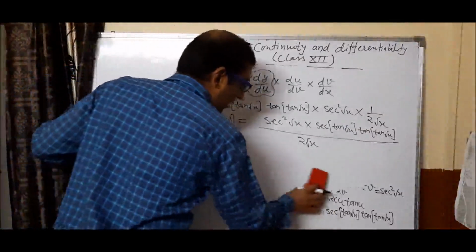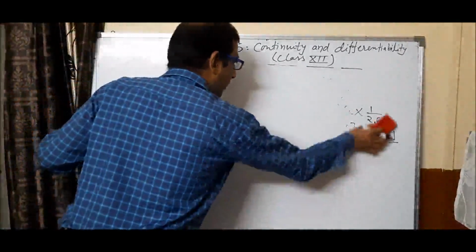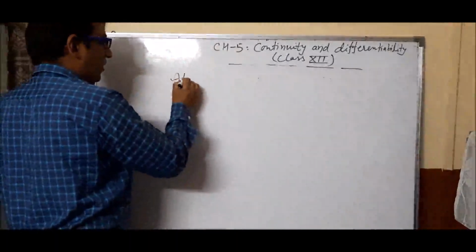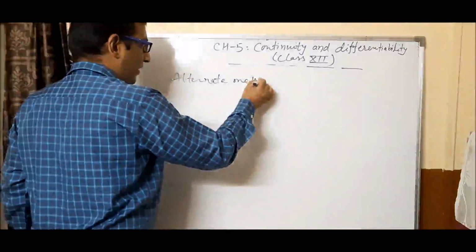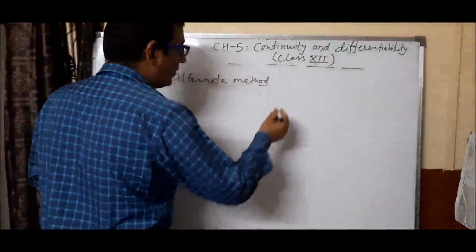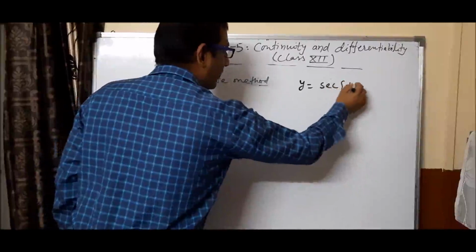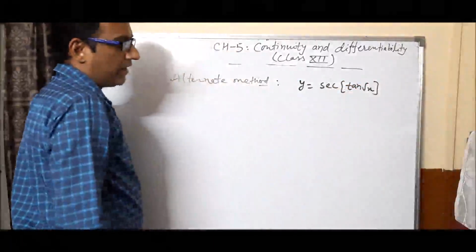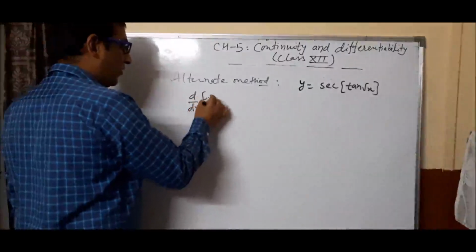The same question I will do with the alternate method, and we will get the same answer. The question is y equals sec tan root x. We have to find the derivative of this function. So we will write d by dx on both sides.